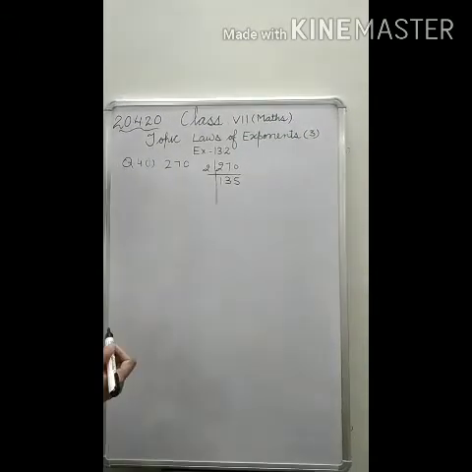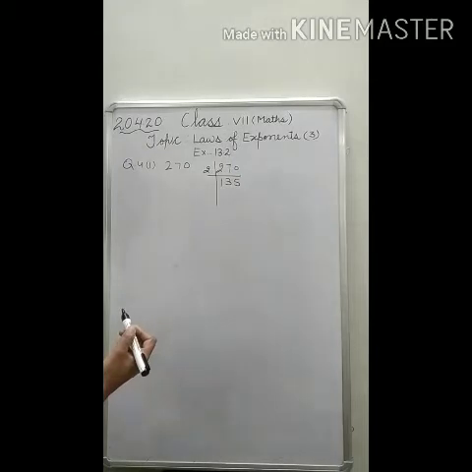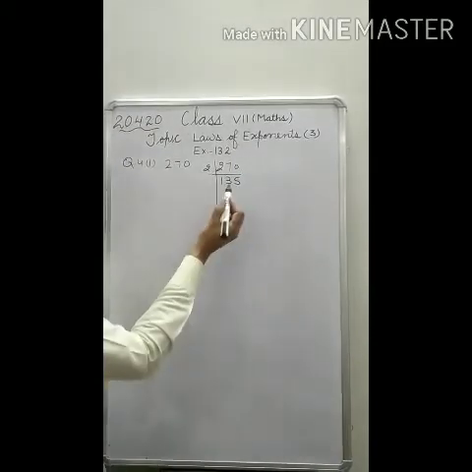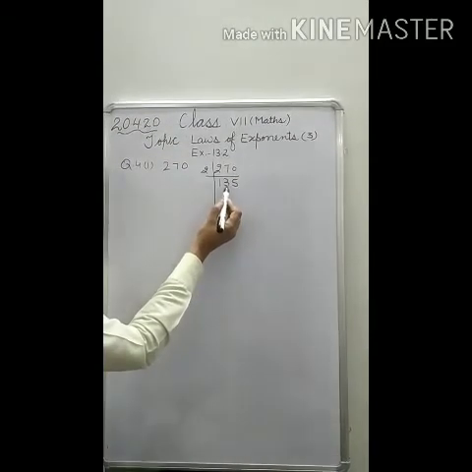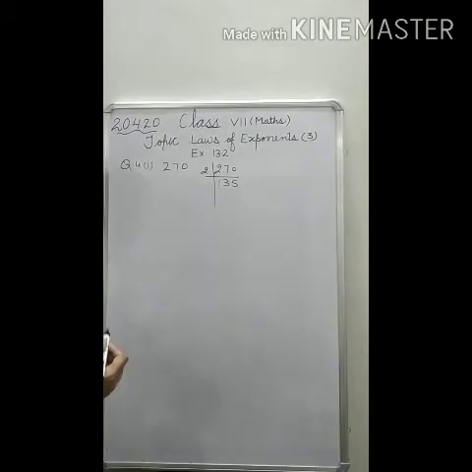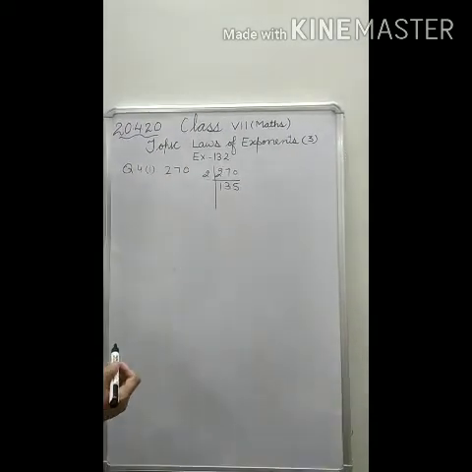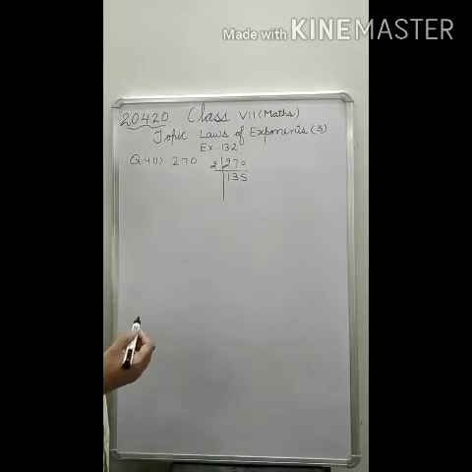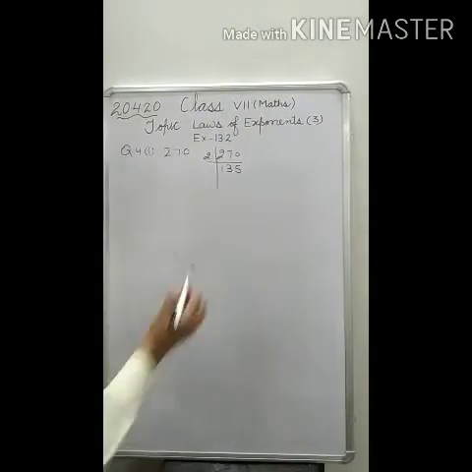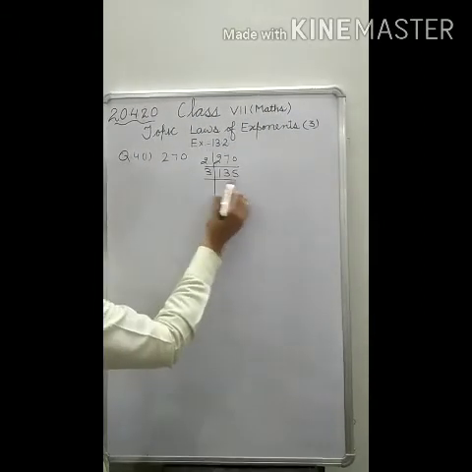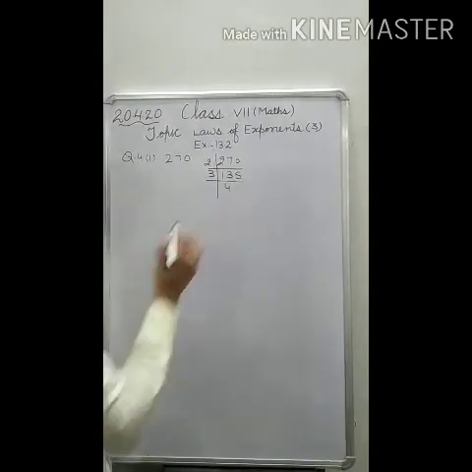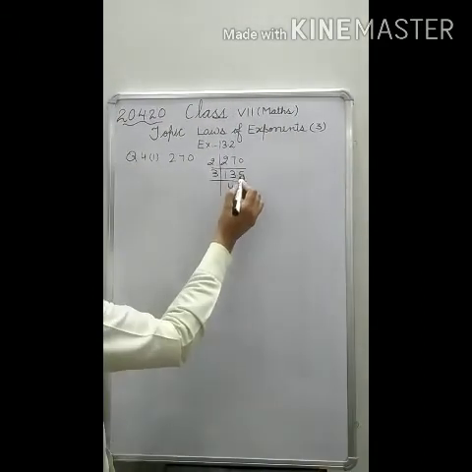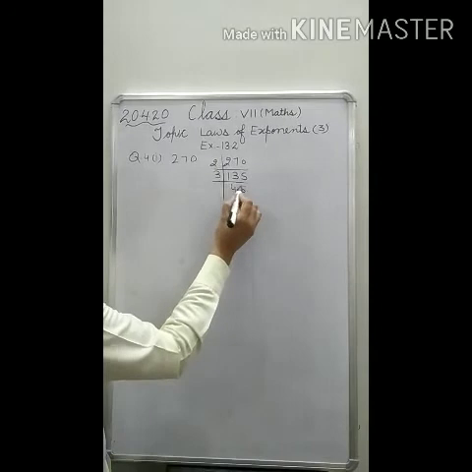For the divisibility of 3, we have to find the sum of the digits. Here the sum of digits is what? 5 plus 3 is 8, 8 plus 1 is 9. And 9 is divisible by 3. It means this number will also be divisible by 3. So we will take 3. Now 3 fours are 12, 1 left, then 15, then 3 fives are 15.